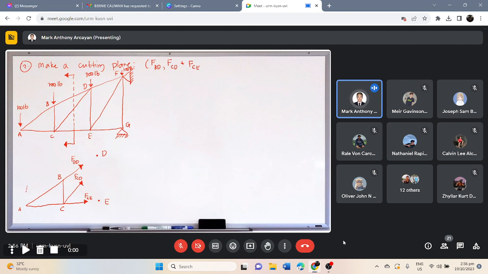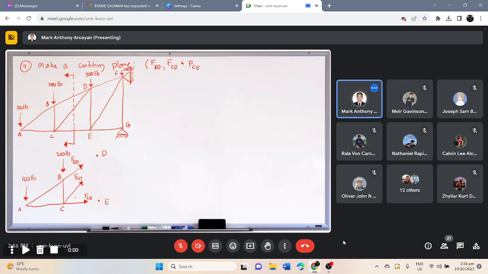Okay? Then we indicate the external forces on this section: 100 pounds here, 200 pounds here. The external forces on the other pins are already accounted for.